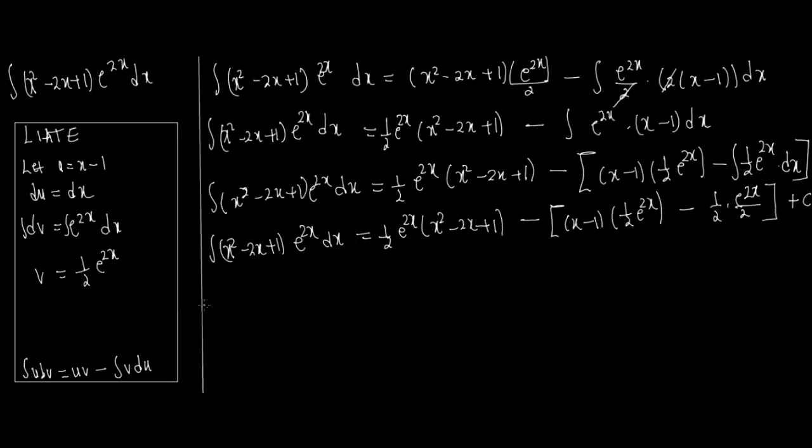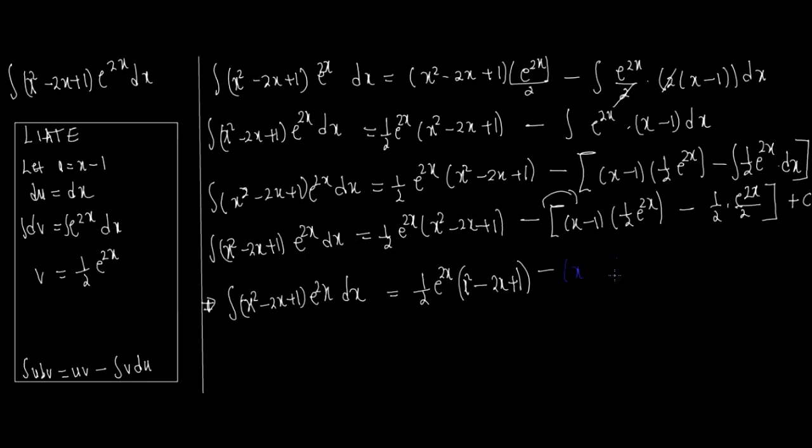So this implies that the integral of the left hand side is equal to 1 over 2 e to the 2x times x squared minus 2x plus 1, minus. So here when we distribute the negative, we'll have x minus 1.